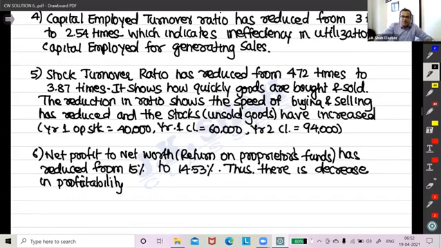Correct? This is basically profitability in relation to investment, right? Return on net worth, or net profit to net worth, or return on proprietors' funds.